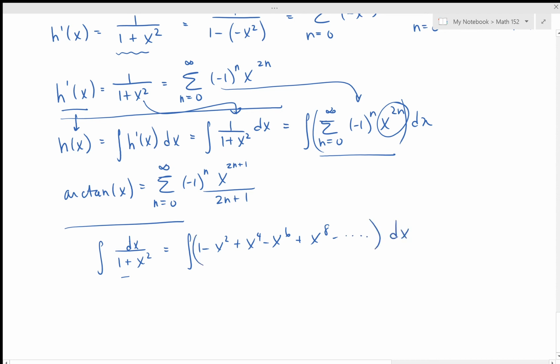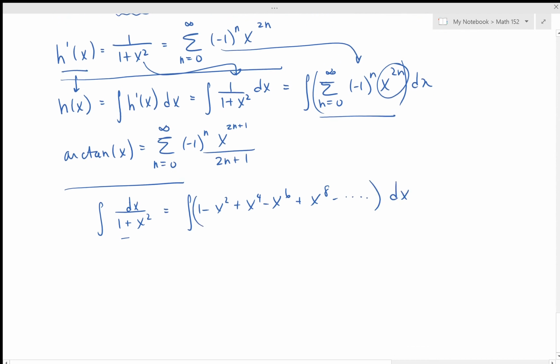Okay, rather than using the summation notation. And then I could go term by term, and I would get here x minus 1/3 x cubed plus 1/5 x to the 5 minus 1/7 x to the 7 plus dot dot dot.